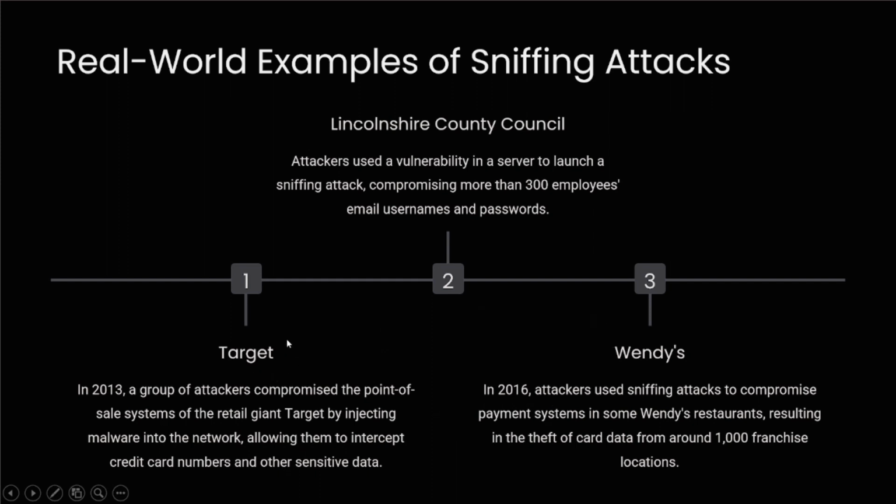You can just imagine that intercepting credit card numbers is a serious crime, and it can also pay you more, as we have seen on the dark web that credit cards can be sold at a high rate. Then we have Wendy's case, where card data and other details from around 1,000 franchise locations were stolen.